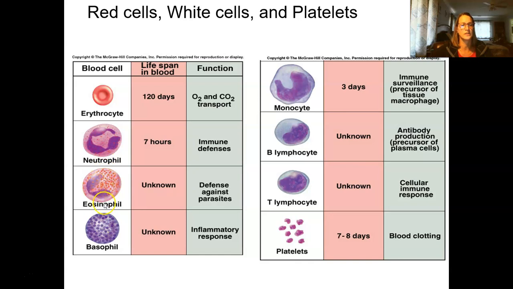These neutrophils, eosinophil, basophil, monocyte, lymphocytes, these are all white blood cells, which we've talked about in terms of the immune system. And you don't need to know what each of these things are. Just know that the blood contains red blood cells, white blood cells of lots of different types that are involved in the immune system, and platelets. These platelets are used for blood clotting. Okay, so they're a sort of cellular component in the blood.